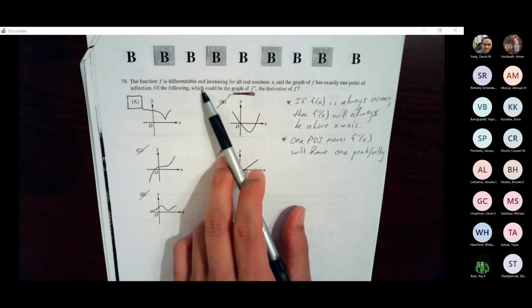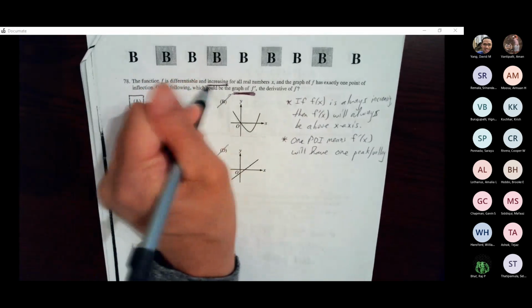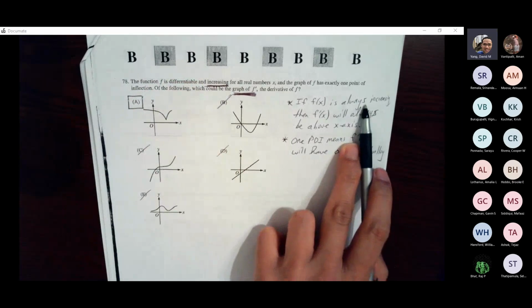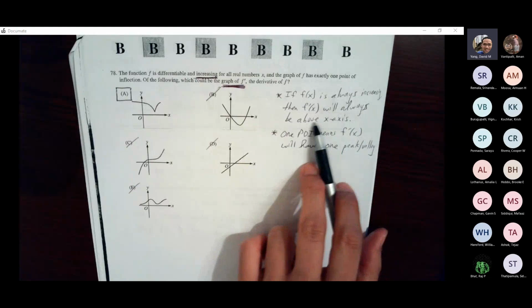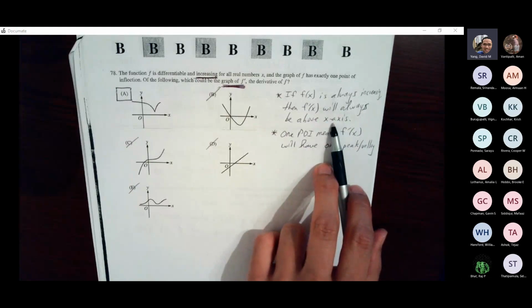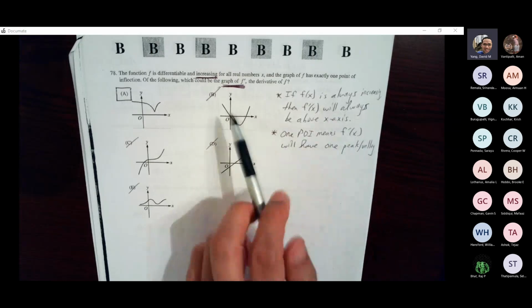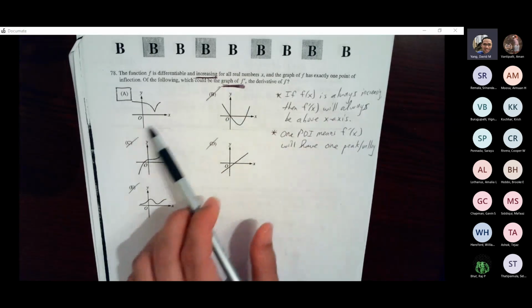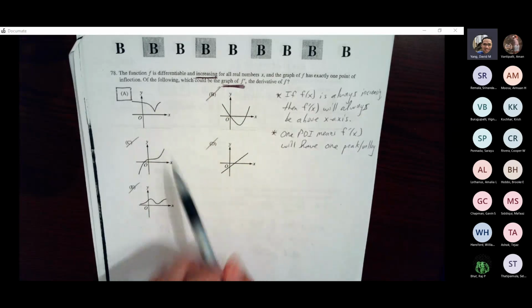If a function is always increasing, then that means the slope is always positive. And if the slope is always positive, then the f prime graph should always live above the x-axis. So anything that has any portions below the x-axis is automatically out. So B is out, C is out, D is out, only choosing between A and E.